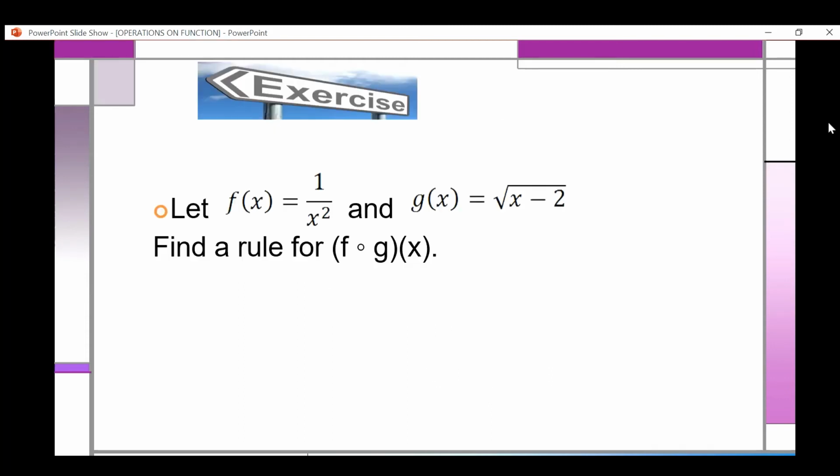So, tingnan nga natin kung naintindihan natin yung composition of functions. So, try natin to class. So, let f of x be equal to 1 over x squared and g of x equals square root of x minus 2. Find a rule for f circle g of x.